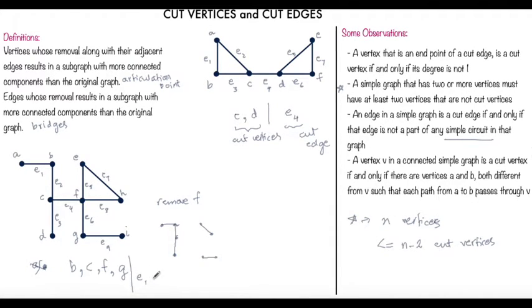So we have E1, E2, E3, E4, E6 and E9. Okay, so now how can I easily check it? Because these three are the only edges which are part of any simple circuit here. So therefore they are not cut edges, and every one of the rest is a cut edge.